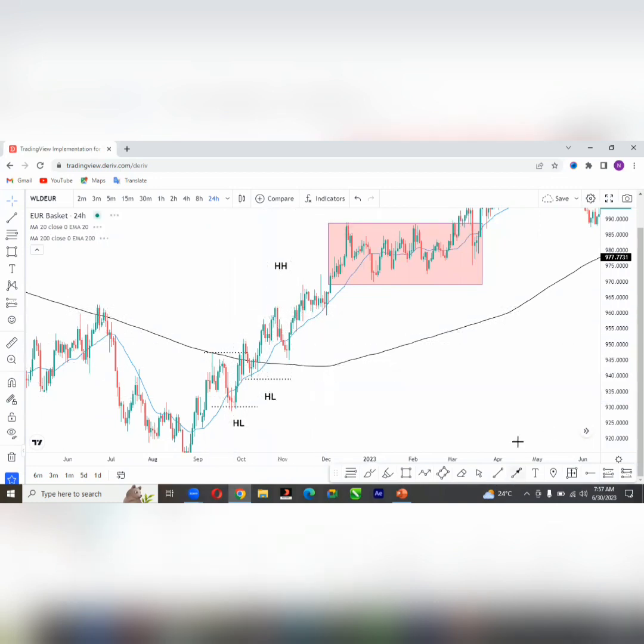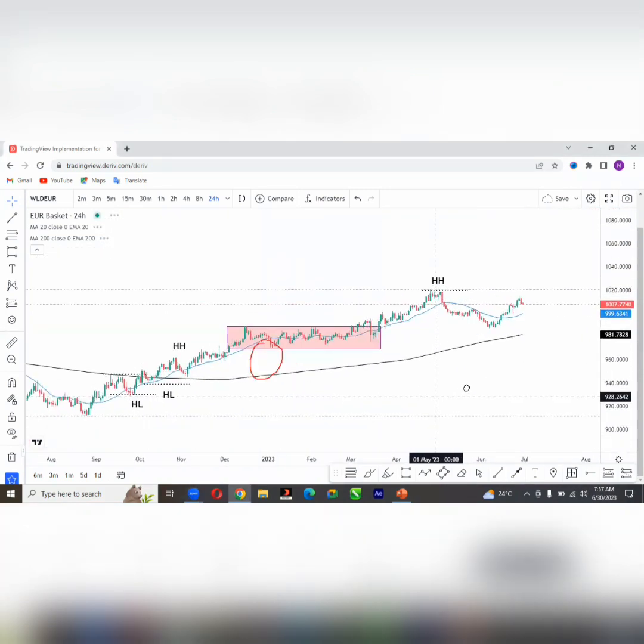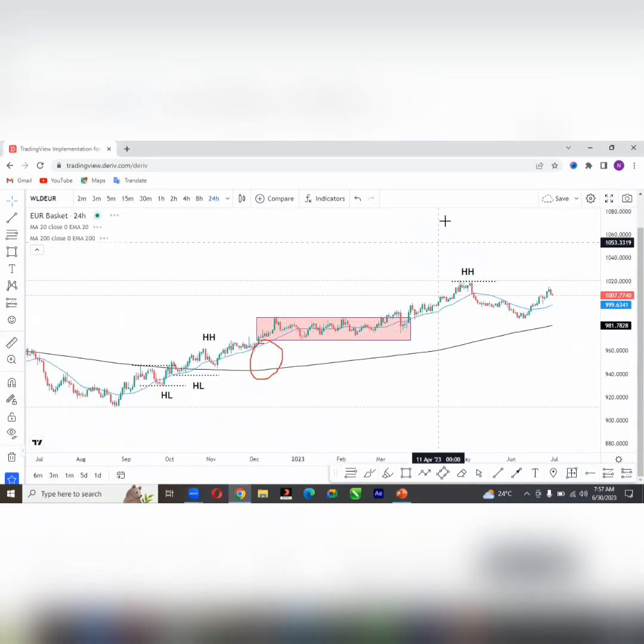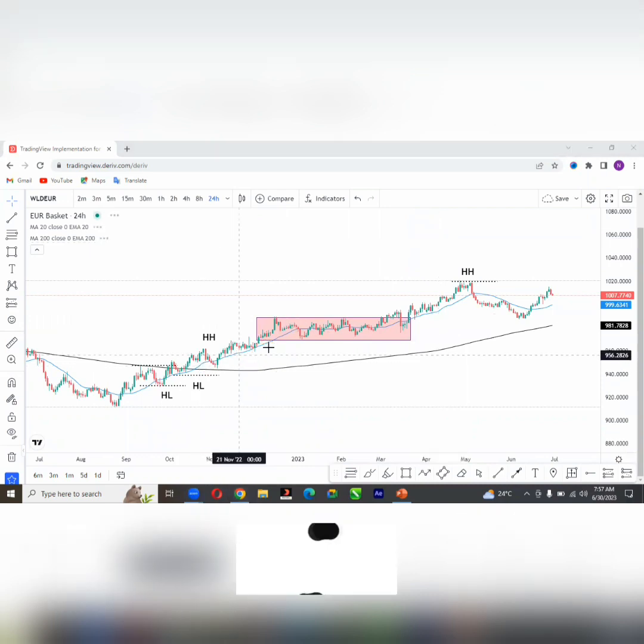You can see at this point here, the black, that's the 200 period, and the 20 period, which is the blue, crossed over themselves. This is where you had the moving average crossover, and that was the signal for an uptrend, a buy. And you can see the market has been buying since then.